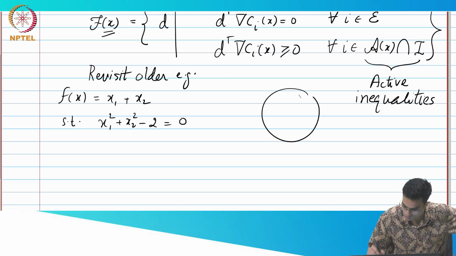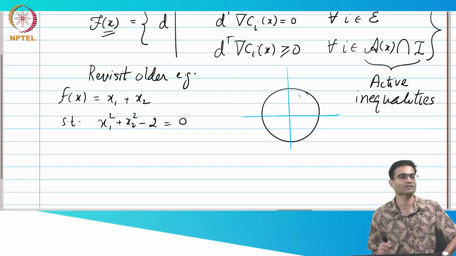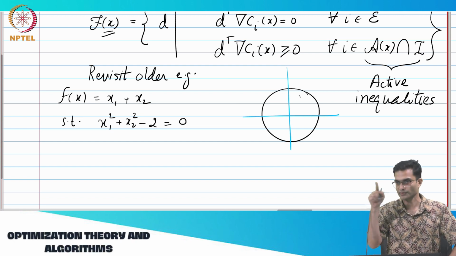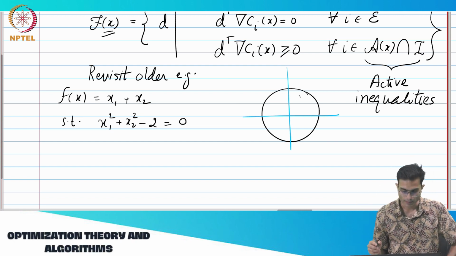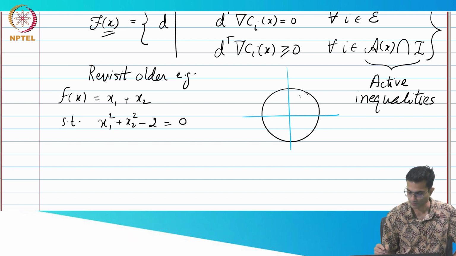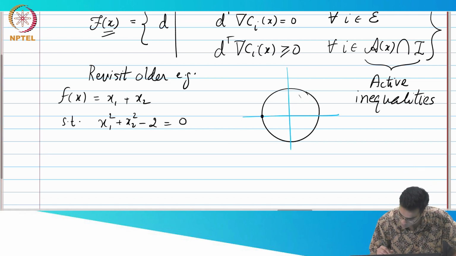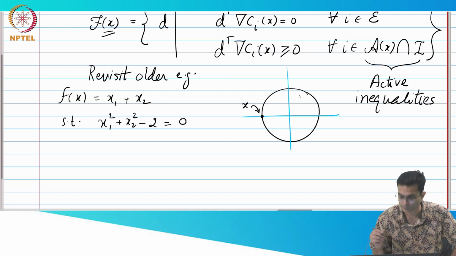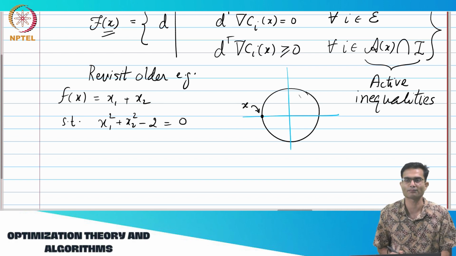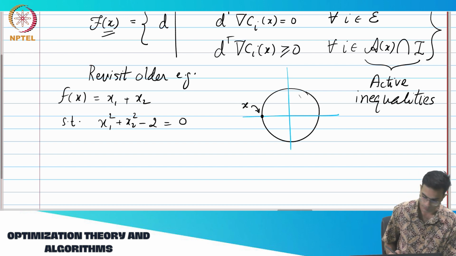Let's draw this. The feasible set is the border of the circle. Now let us try to work this out, for example, at this point x over here. I am purposely not taking the solution, just to make it a little bit more interesting.